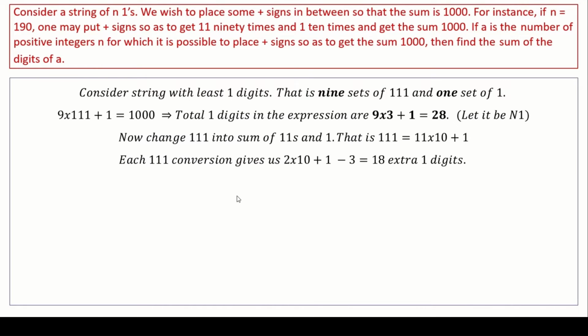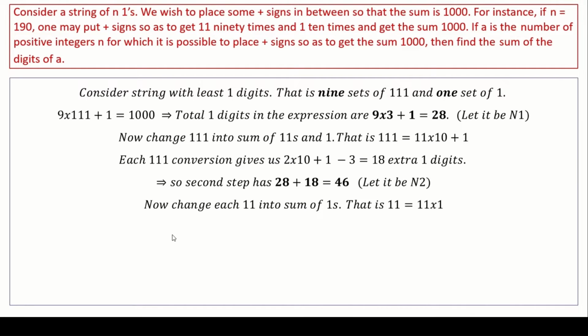So how many extra 1 digits am I adding? Two 1 digits here, 2 into 10, that is 20, plus 1, 21, minus this 111 will vanish, so minus 3. So 18 extra 1 digits, which means my n2 is 28 plus 18, that is 46.